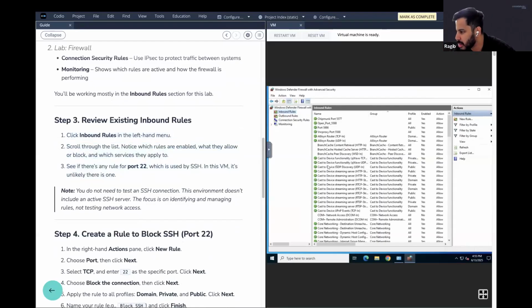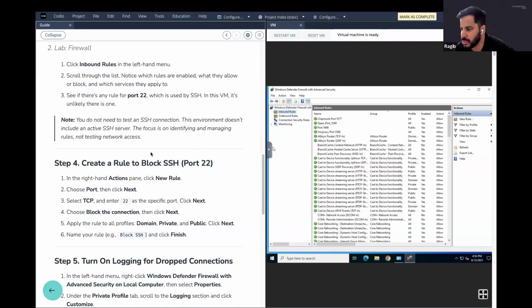If you are interested, you can look them up on the internet, for example, what open port 558 means in Windows, if you're curious enough.